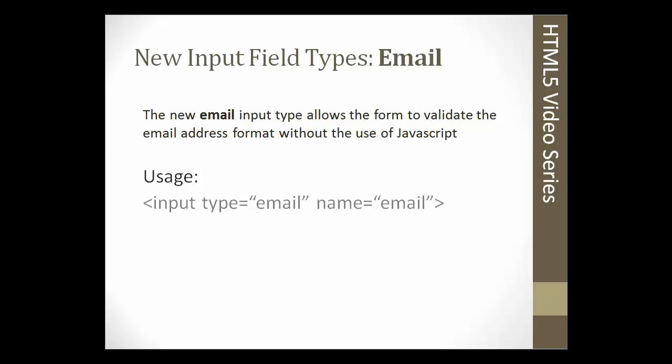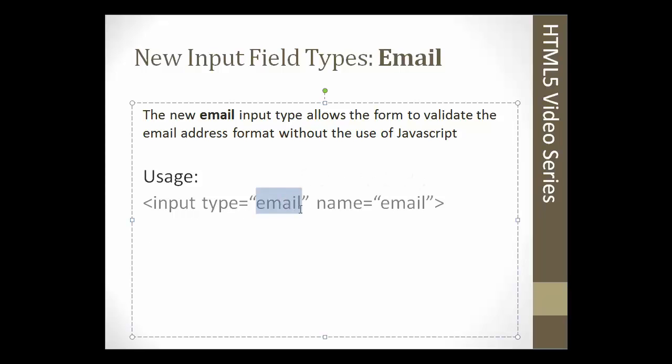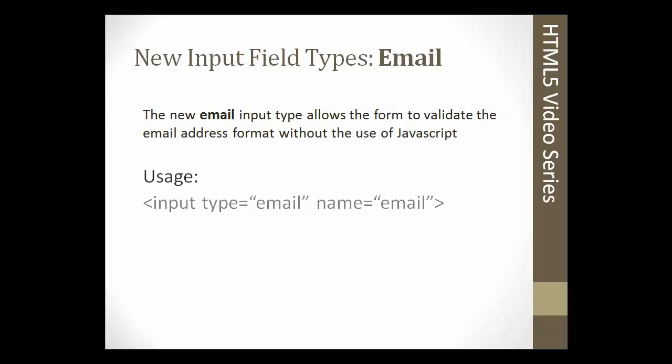But this makes it extremely easy. All you have to do is use the type email. Usually you'd have text, but if you use the type email, it's going to validate it for you right then and there.